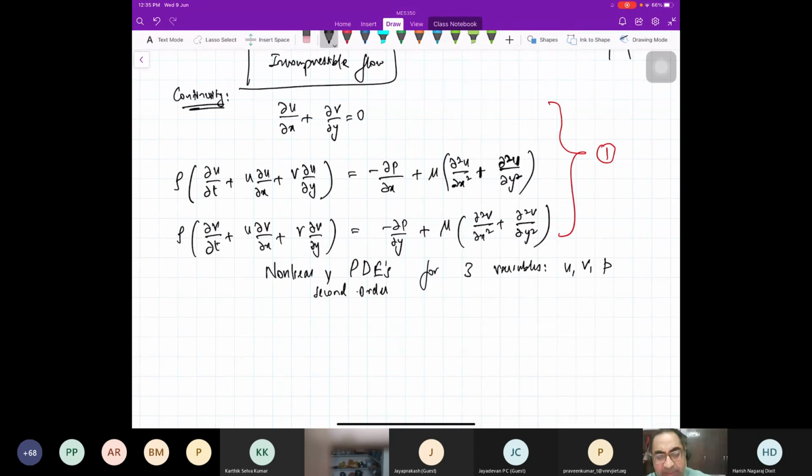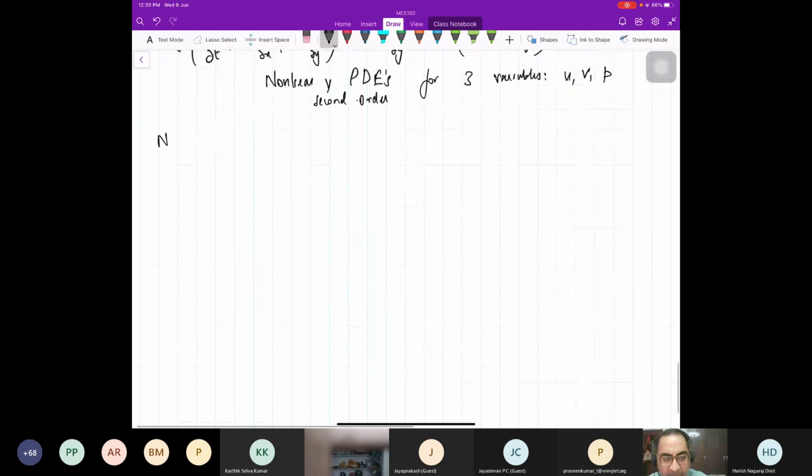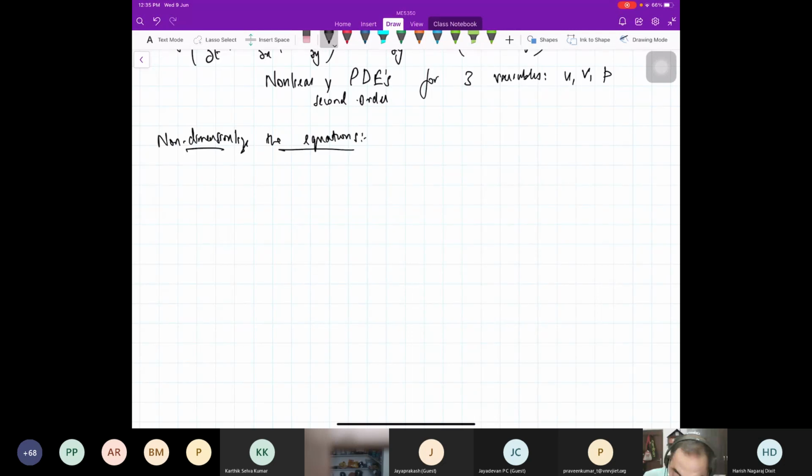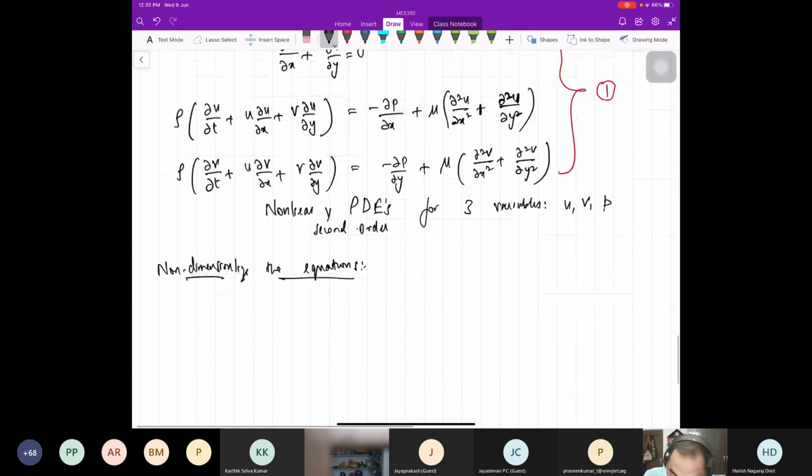Okay, right? So there are many ways to approach this. For example, I could non-dimensionalize these equations if I want. Okay, maybe let's non-dimensionalize it. I need to introduce some non-dimensional variables.